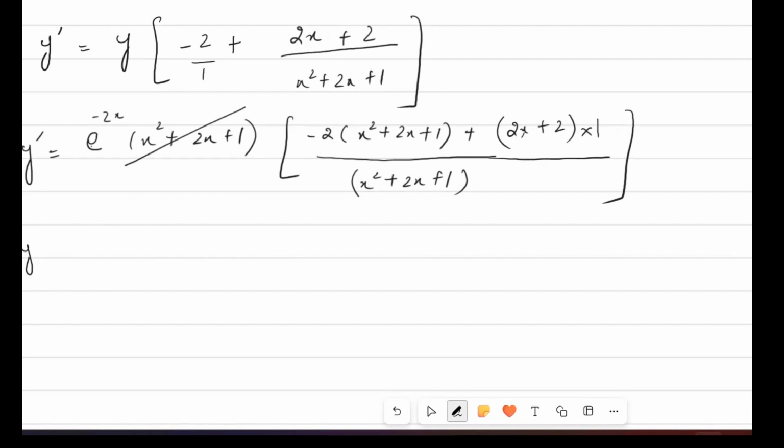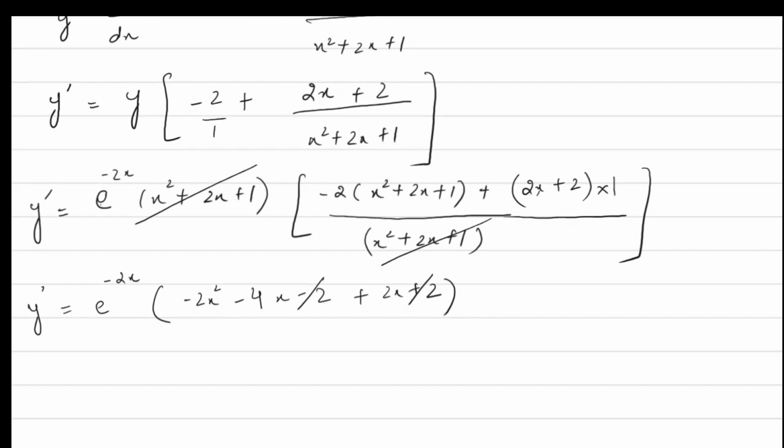So this is cancelled with this. y dash is equal to e raised to the power minus 2x, and we have minus 2x square minus 4x minus 2 plus 2x plus 2. So 2 is cancelled with 2.